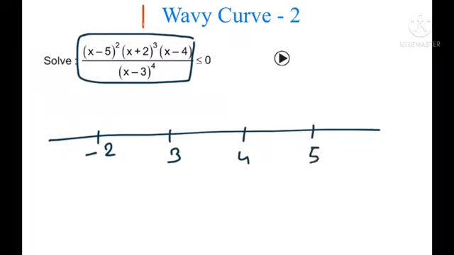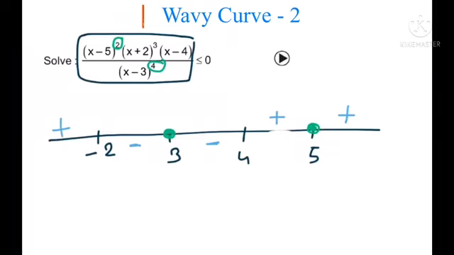Out of these, even powers are at 5 and 3, so there won't be any sign change there. Now let's start. It is positive here, there won't be any change of sign at 5 because it has an even power. After 4 it is positive, no change of sign. Again change of sign here, negative, no change of sign, negative, change of sign, positive.